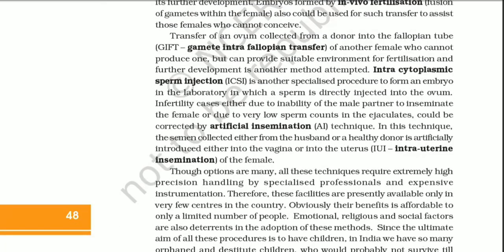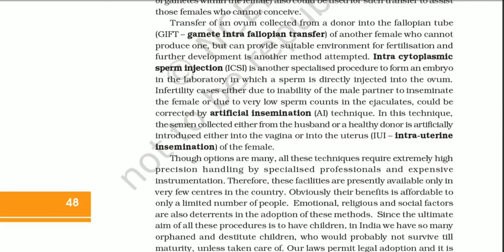Transfer of an ovum collected from a donor into the fallopian tube, that is GIFT, gamete intrafallopian transfer, of another female who cannot produce one but can provide suitable environment for fertilization and further development, is another method attempted. Intracytoplasmic sperm injection, ICSI, is another specialized procedure to form an embryo in the laboratory in which a sperm is directly injected into the ovum.